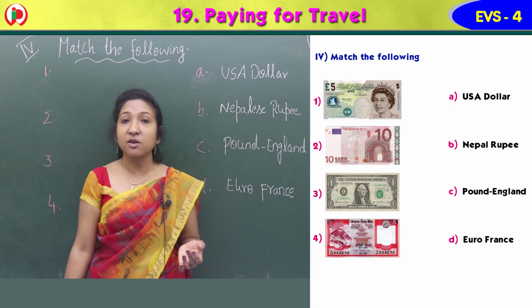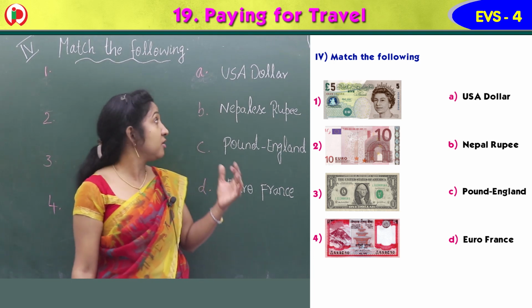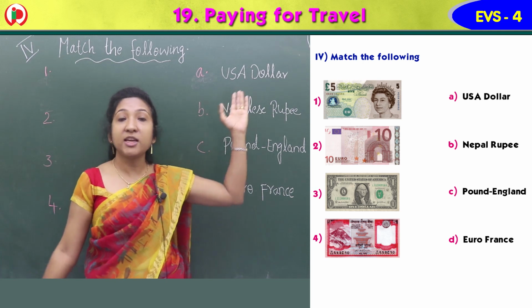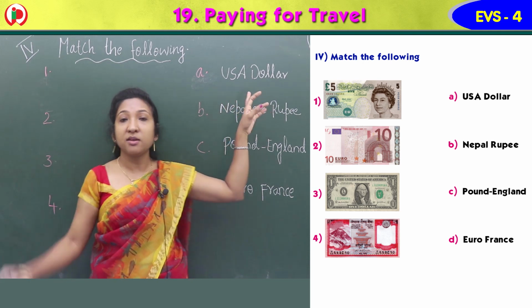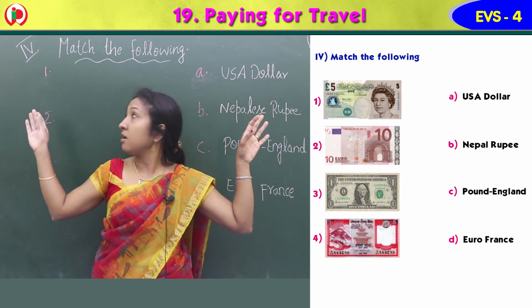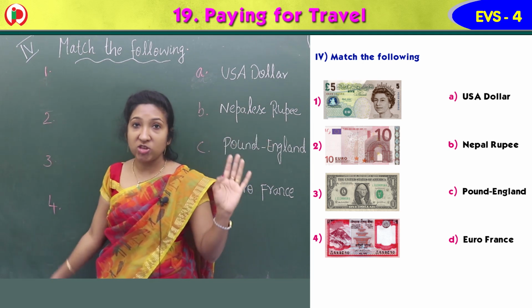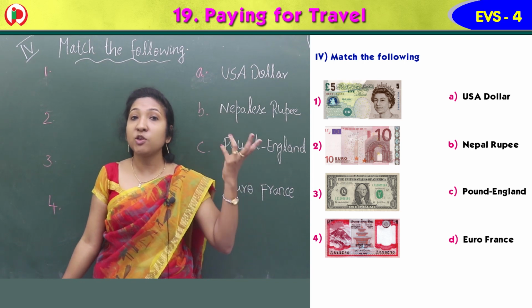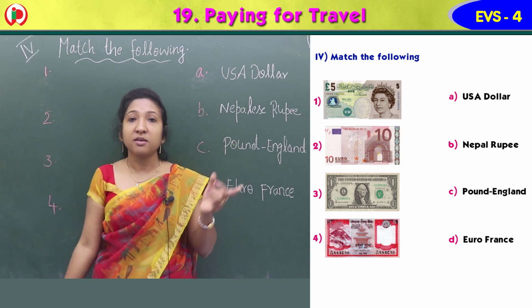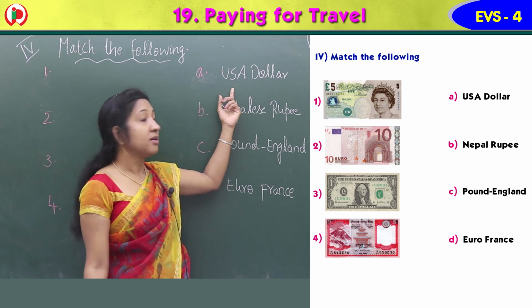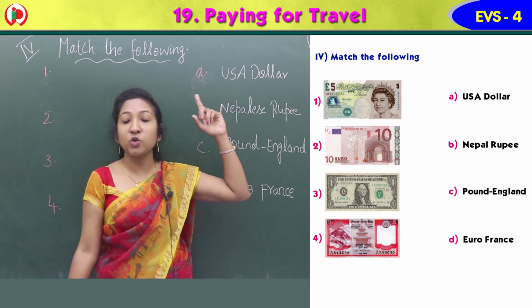Okay? Yes. So the first one is USA dollar. You can match with here. See, 1, 2, 3, 4 images are there. Among these images, where is the USA dollar image? There you have to match with this A, USA dollar.